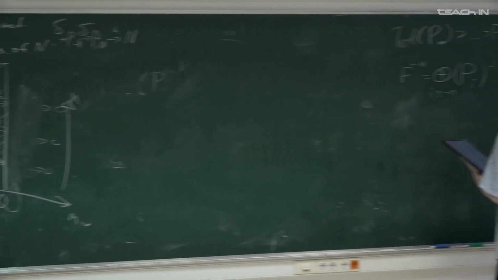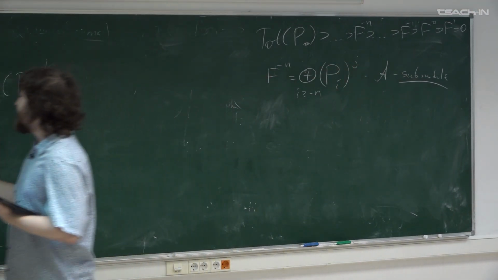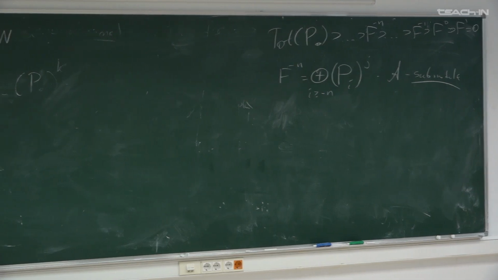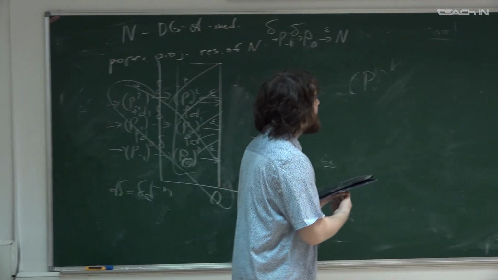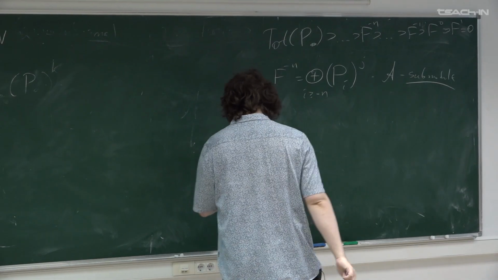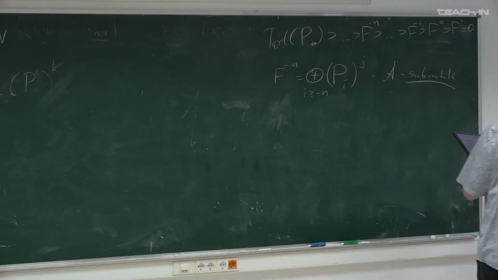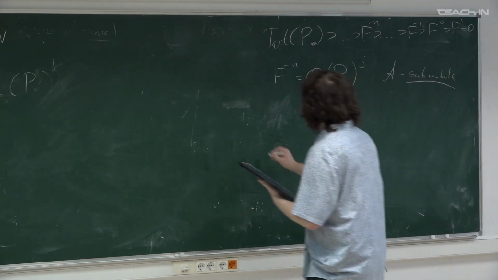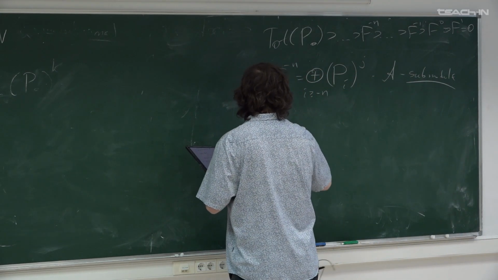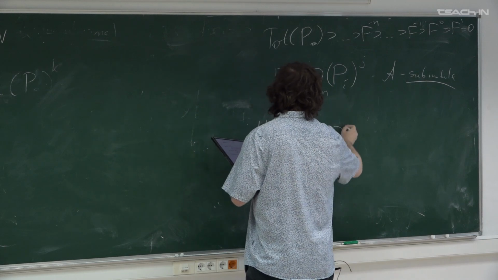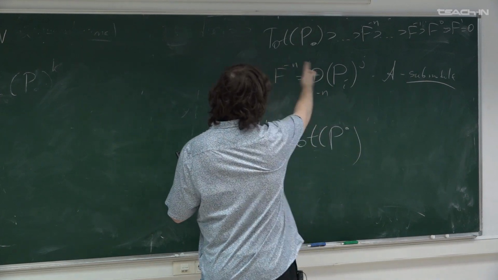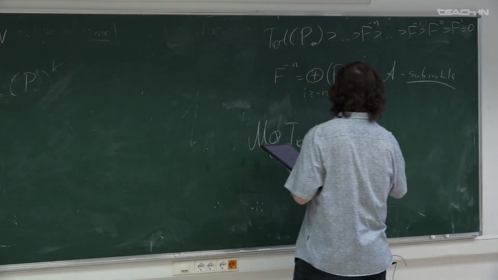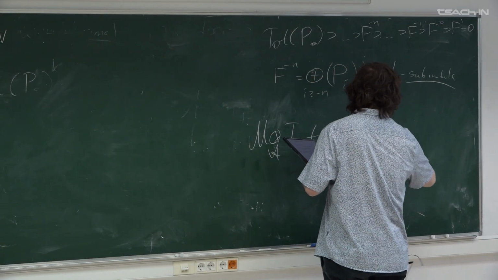Because my A multiplication works vertically, acts vertically in each P_i, if I consider my tensor product, I obtain a filtration of this tensor product, and it's a submodule, so I obtain a filtration by tensor products.